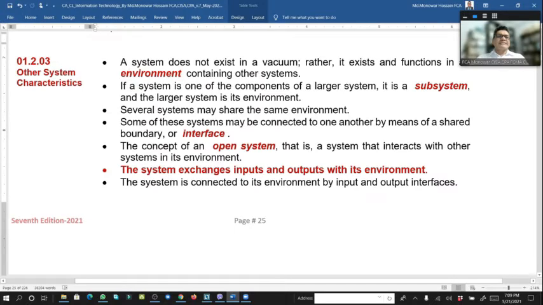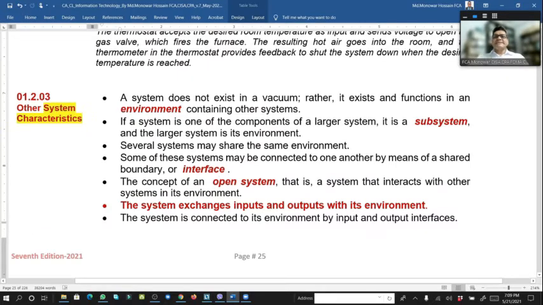Now, other system characteristics. A system does not exist in a vacuum. Rather, it exists and functions in an environment containing other systems. So a system needs an environment. Without an environment, a system cannot exist.